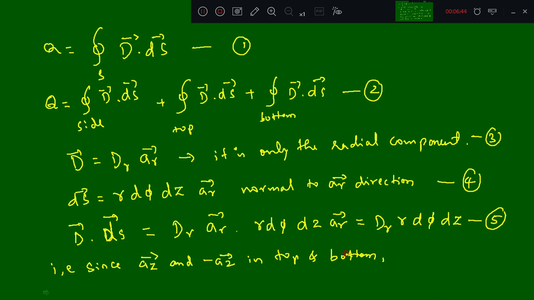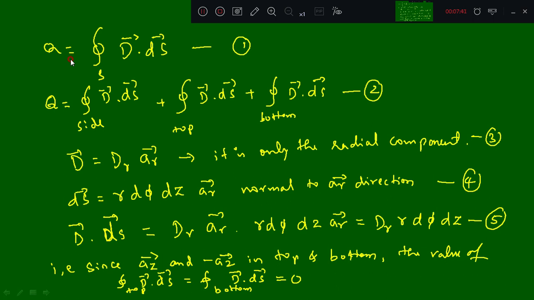The integration of top D dot dS and bottom D dot dS will go to 0. Okay, so we remain only with the side.